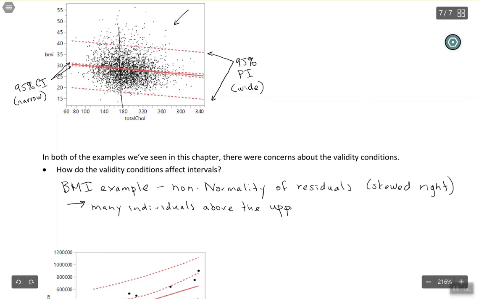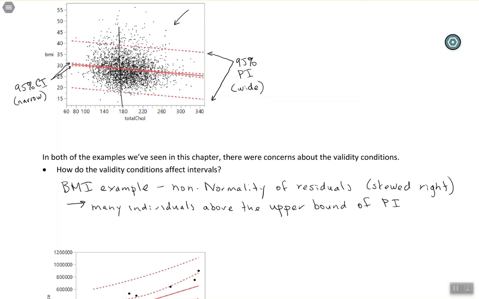And we don't want that. We want to be able to capture most of the individuals. But because it's skewed right, you just sort of have more high BMI people than you would have expected under normality, right? So the prediction interval isn't accounting for that skew, and you end up with a lot of people that are outside the bounds of your prediction interval.